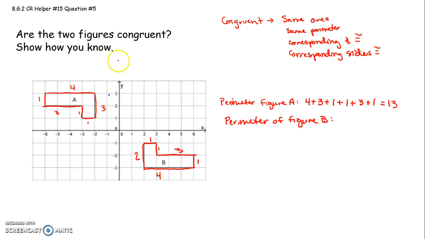You can also see, to prove two figures are congruent, if we take figure A and we reflect it over the x, or over, well, we could do over x or over y. Reflect over y-axis, and then you reflect over the x-axis.